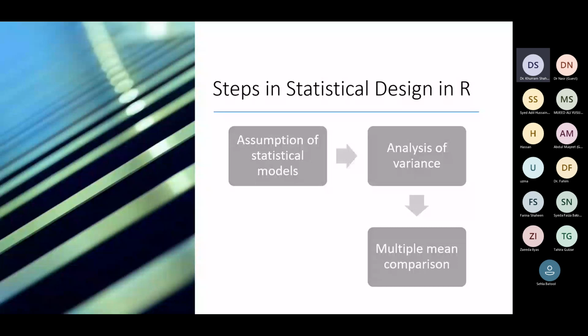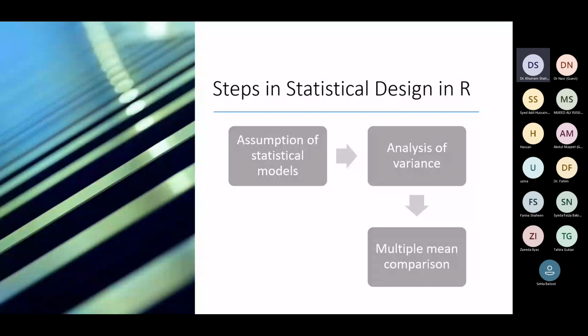All models, the linear models and analysis of variance models I discussed with you, perform under specific conditions. If your data do not fulfill the conditions of these models, then your conclusion is not right.